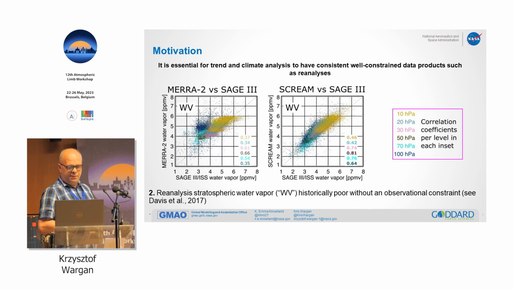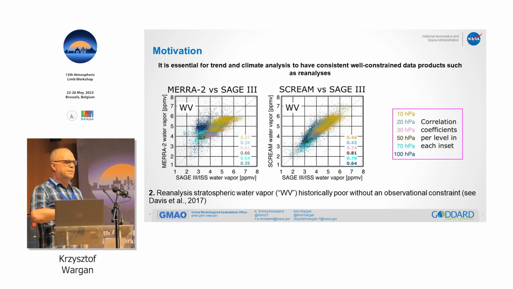When we do this for water vapor, well, the agreement is not as good. So with MERRA-2, it's actually quite bad, and we don't actually expect it to be better. We know that it's not just MERRA-2, but none of the major meteorological reanalyses represent stratospheric water vapor very realistically.